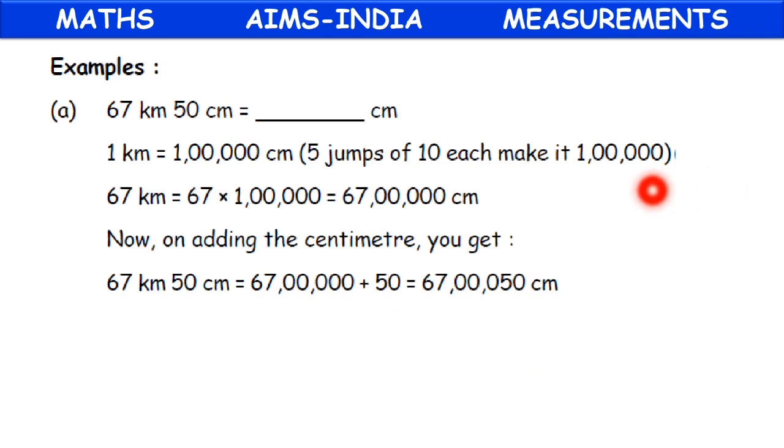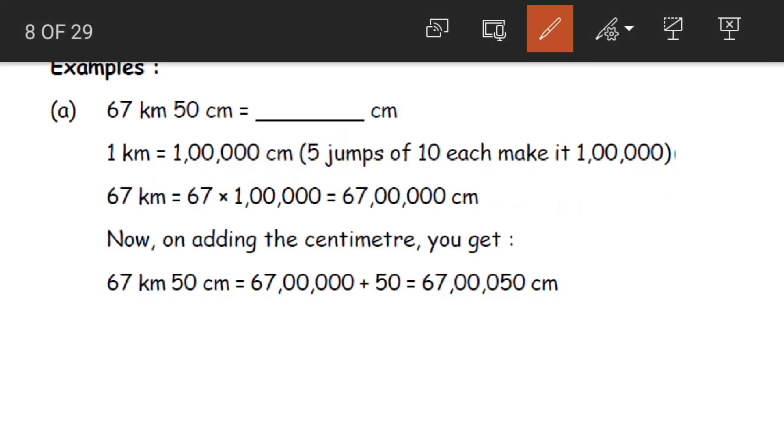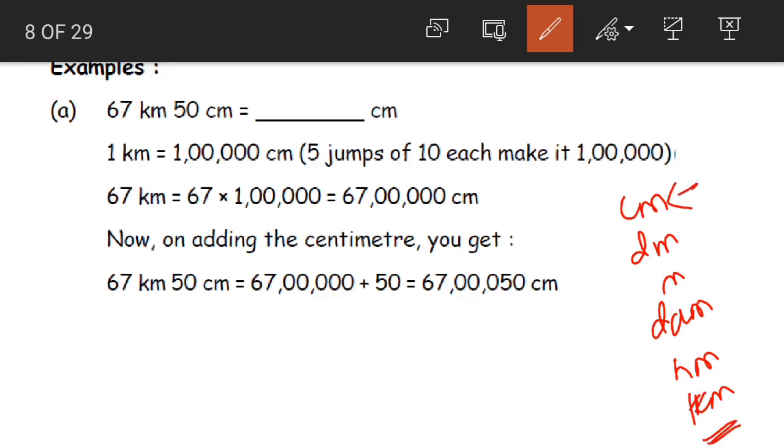First one, convert 67 kilometers 50 centimeters into centimeters. As we know, here we have centimeters, decimeters, meters, then we have decameters, and then we have hectometers and then kilometers. Yes, kilometers are somewhere down here and centimeters are here.